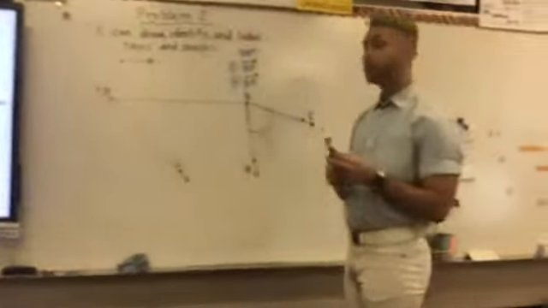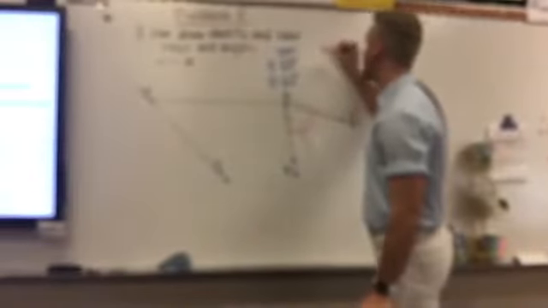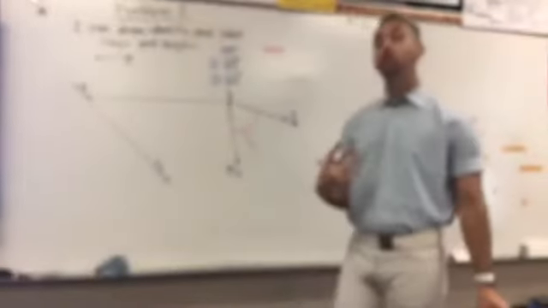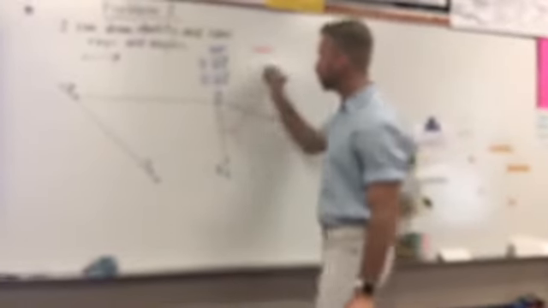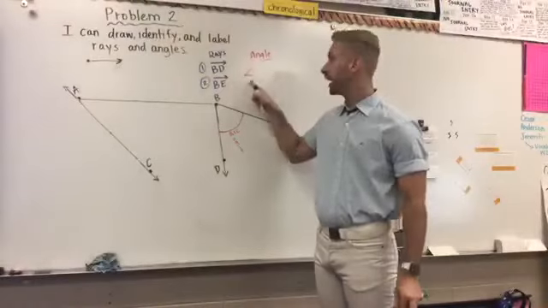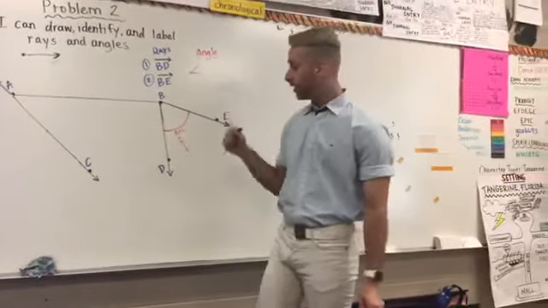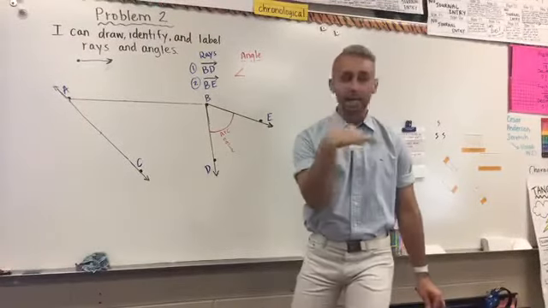Now, the next thing we're going to do is name the angle that we made, our angle or the arc. To label it and give it a name, you have to make sure you draw this symbol. That shows angle. So make sure you do that. Angle. And then you have to start with the point that's not in the middle.